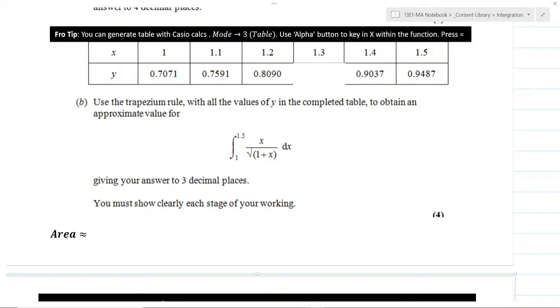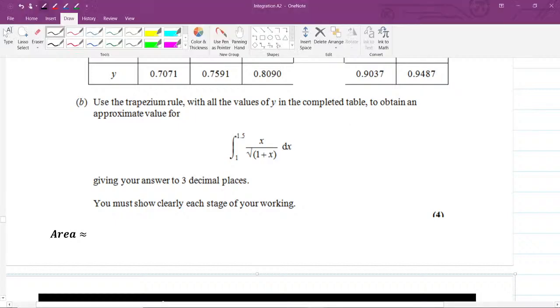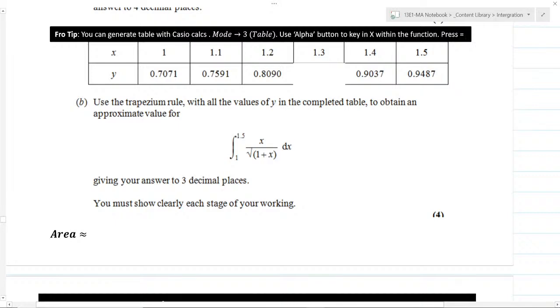Everybody all right with that, yeah? Do you want me to start doing it? What was 1.3?